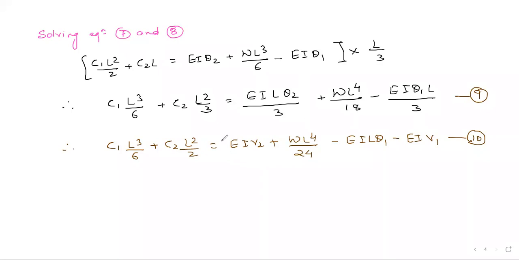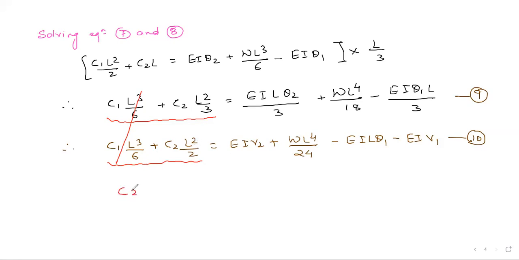Now if you subtract, on the left hand side, to make the left hand side the same, we have done these things, right? If you subtract equation 9 and 10, these terms will cancel out. So subtracting equation number 10 from 9, these two terms will cancel out. C1 L to the power 3 by 6, C1 L to the power 3 by 6 cancel out. Here C2 will be outside, and L square by 3 minus L square by 2.